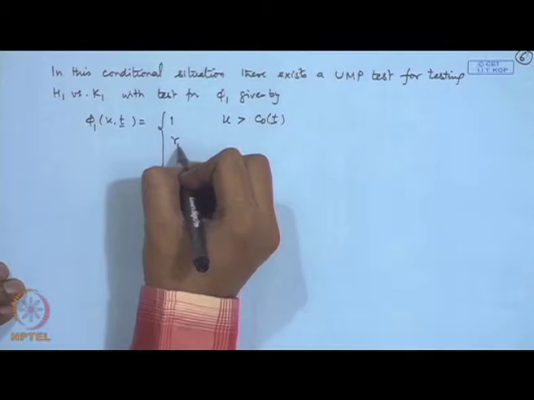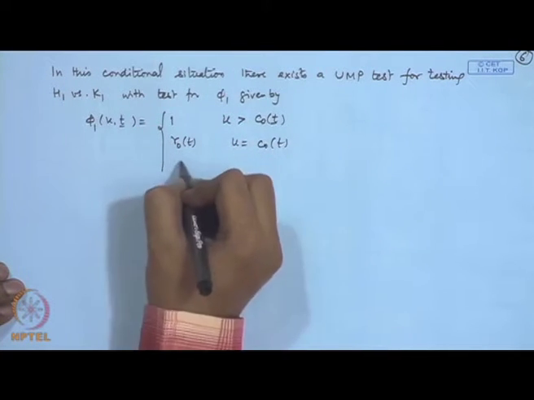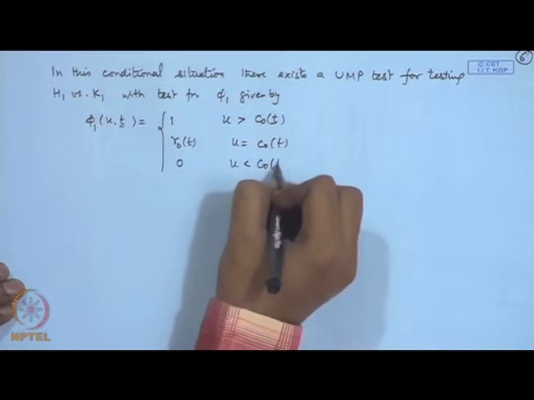It is gamma naught of t when u is equal to c naught of t. It is 0 if u is less than c naught of t.